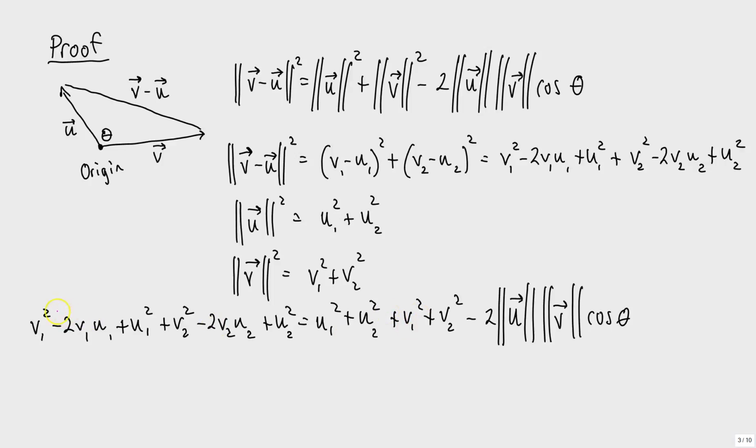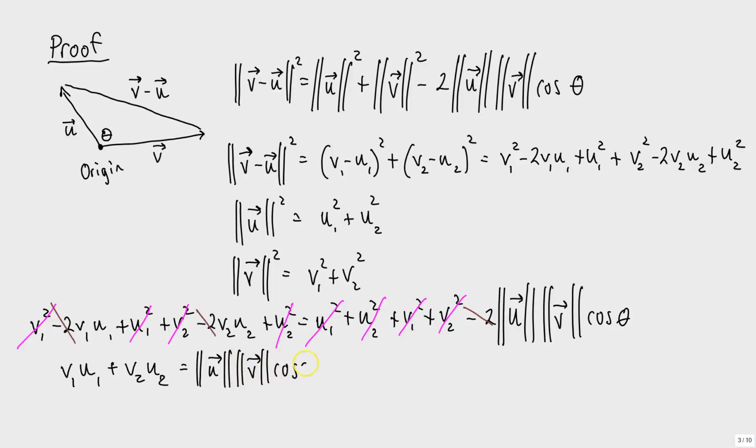Alright, so a little bit of algebra. If we subtract v1 squared from both sides, those will go away. If we subtract u1 squared, u2 squared and v2 squared from both sides, and then divide everything by negative 2, we are left with v1u1 plus v2u2, because we divide everything by negative 2, equals those two magnitudes being multiplied together times cosine theta.